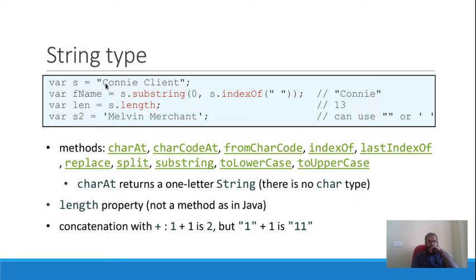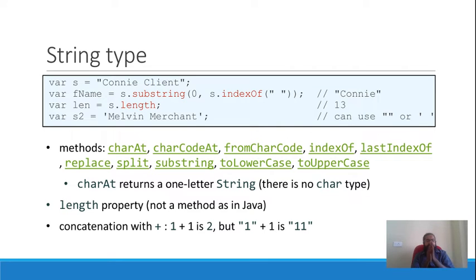Then you can have the string type. So for example, var s is equal to conic line, and var fname is equal to s.substring. So I'm going to take a substring from the string s.